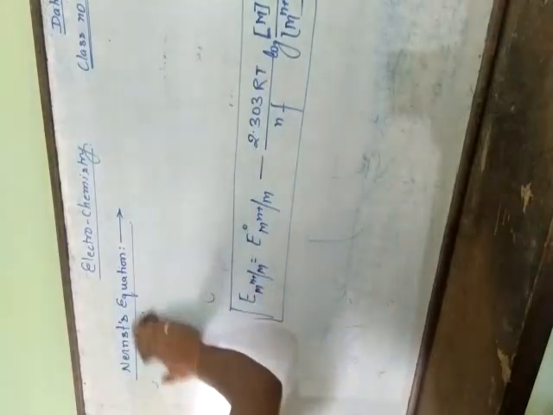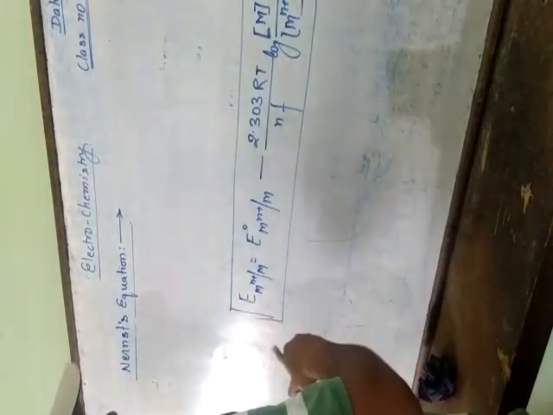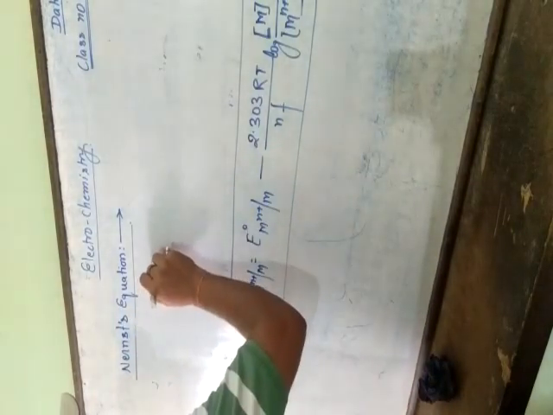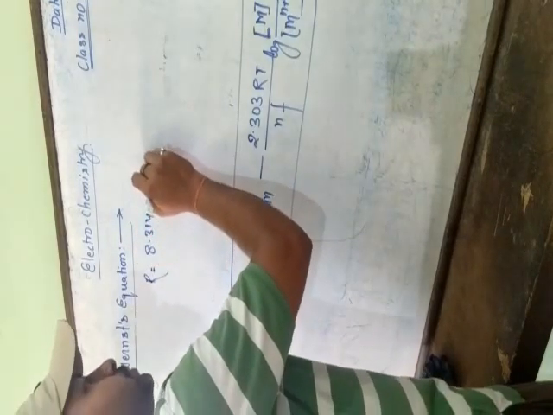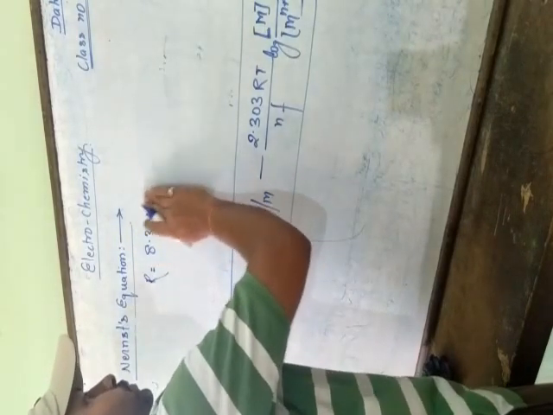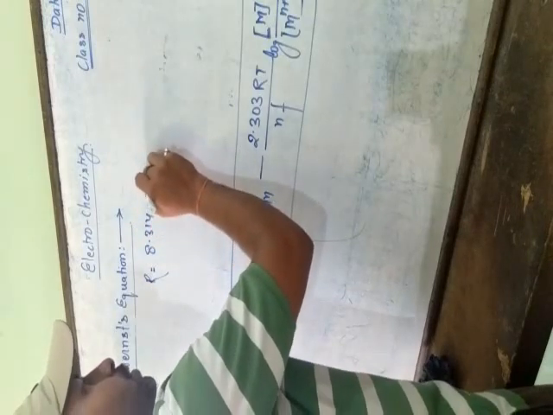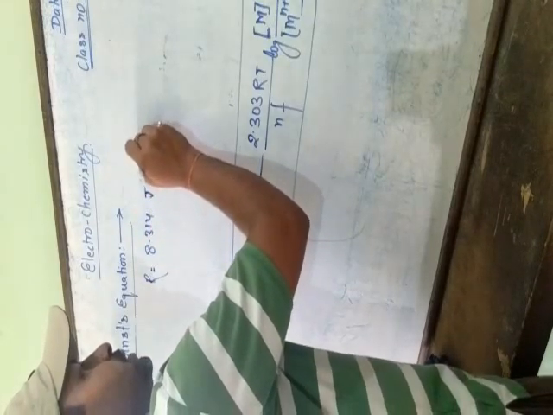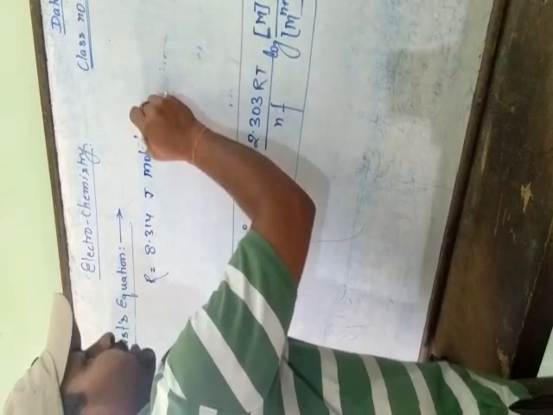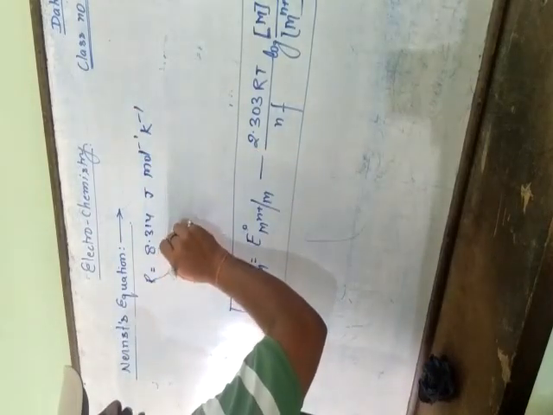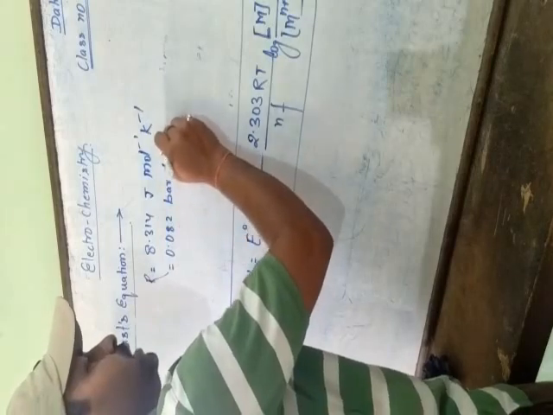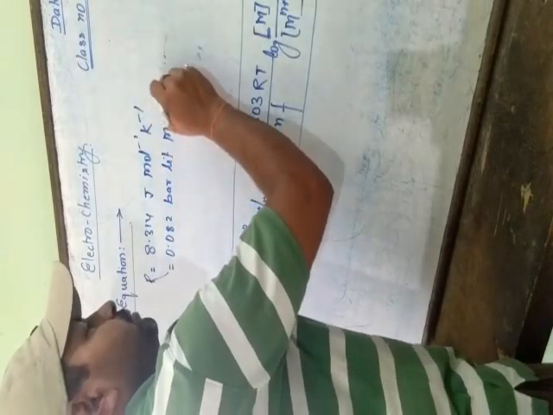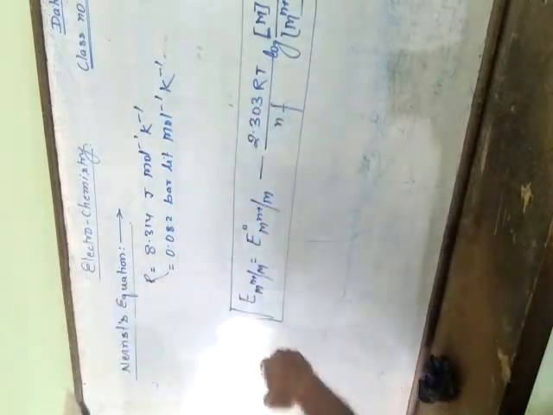We know that R is 8.314 joule per mole per Kelvin, and 0.082 bar liter per mole per Kelvin.